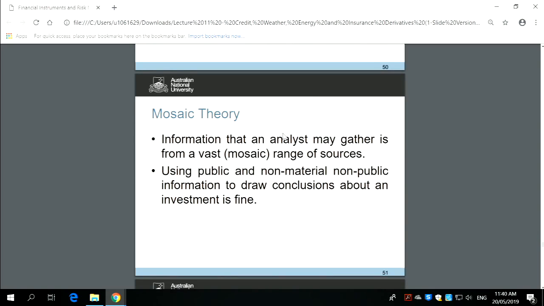Okay, so let me give you one small example about mosaic theory. Imagine you are an investor paying a lot of attention to the insurance industry. You specialize in analyzing insurance firms. Based on your extensive research from public information, you think that QBE insurance is going to merge with Medibank.